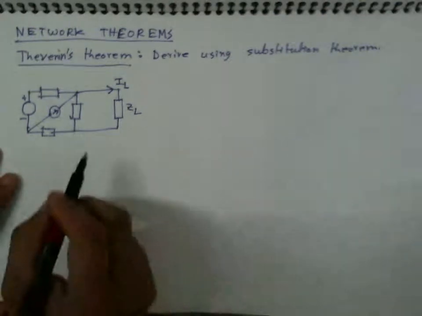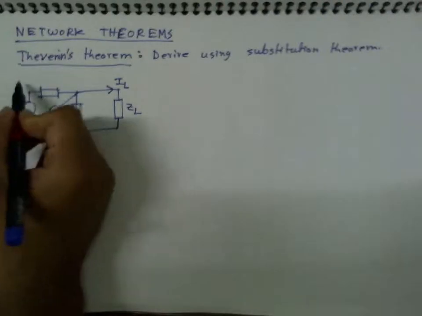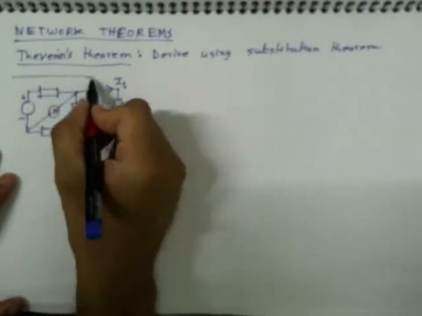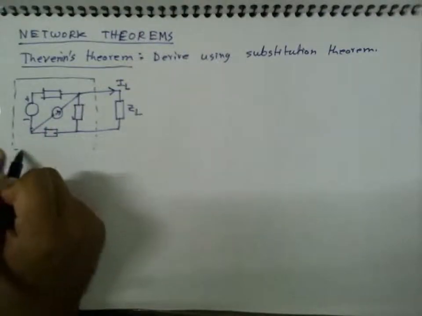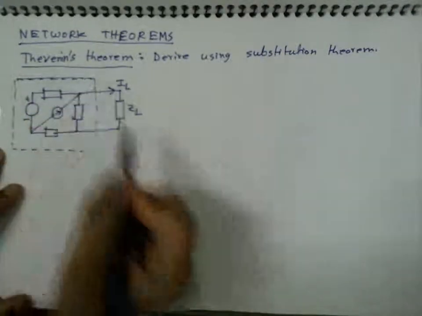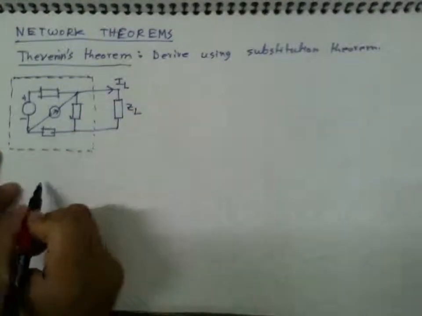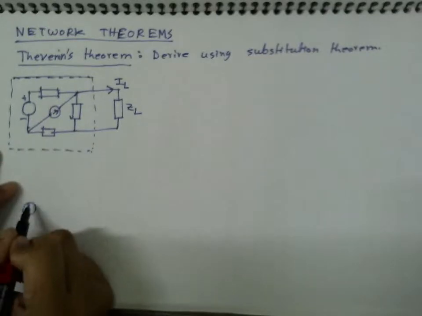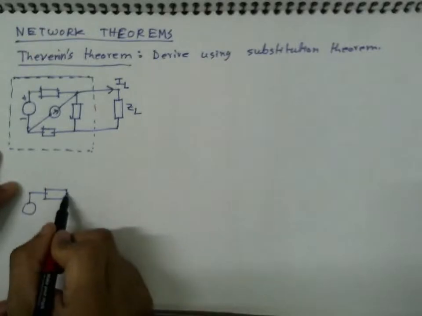Thevenin's theorem says that it is possible to replace the rest of the circuit with a single voltage source in series with an impedance.